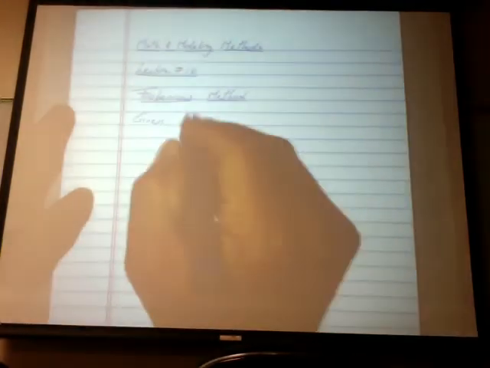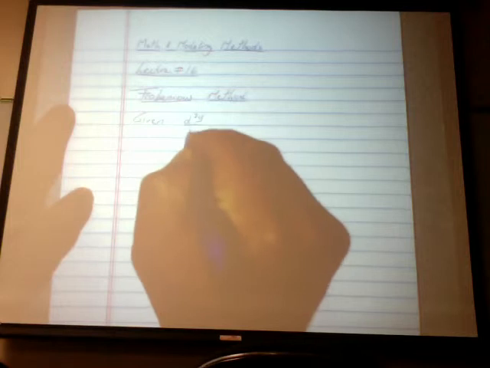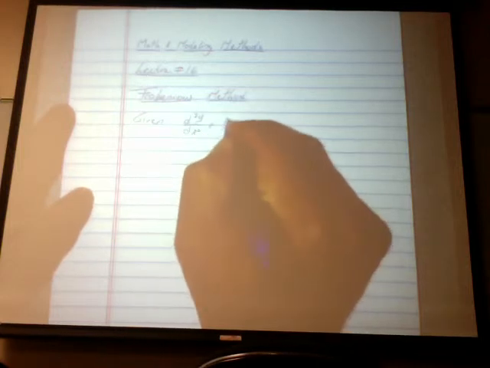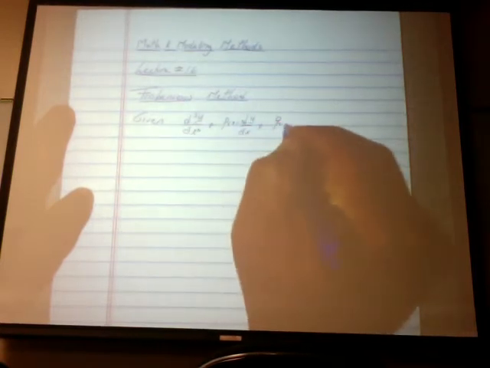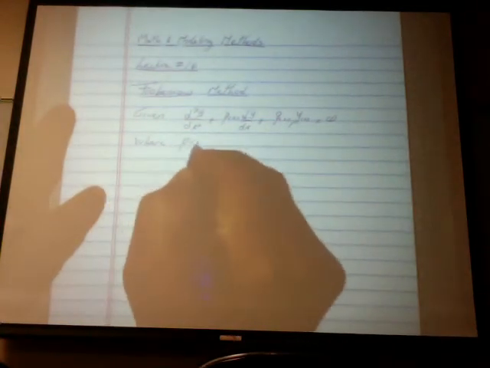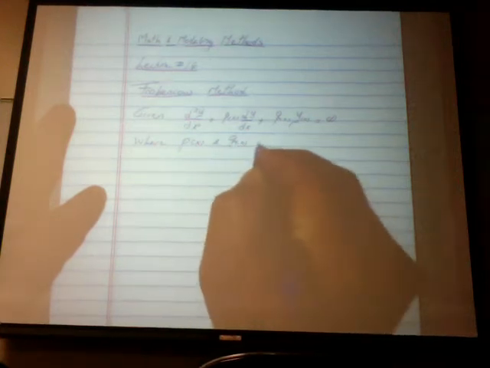Okay, so given d second y dx squared plus p of x dy dx plus q of x y of x is equal to 0, where p of x and q of x may be singular. That means that they could go to infinity at any value of x.